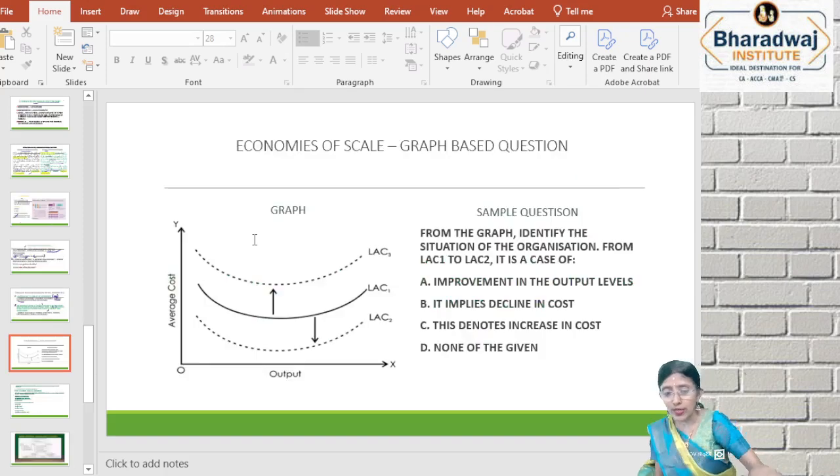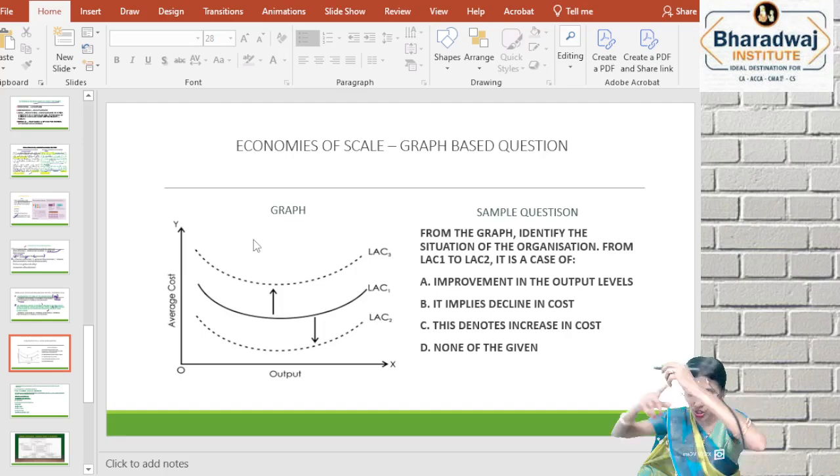Okay, now a small graph on this. Look at this graph. On the x-axis you have output, on the y-axis you have average cost, right? Draw 3 LACs, boat shaped, flattened. Just now we saw, no? LAC 1, LAC 2, LAC 3.